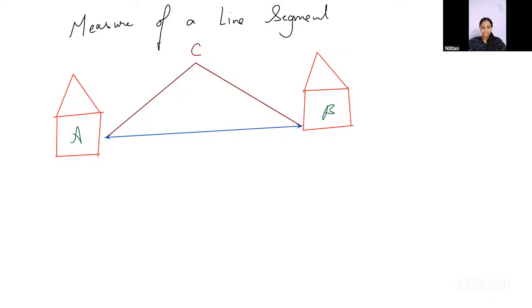So that is why it is said that the shortest distance between 2 points is called the length of a line segment.